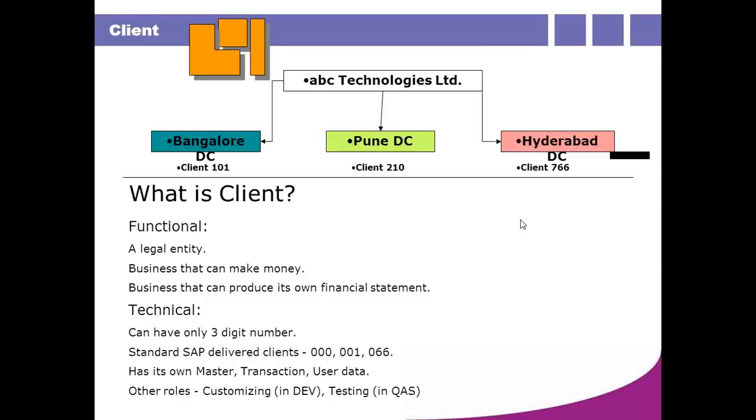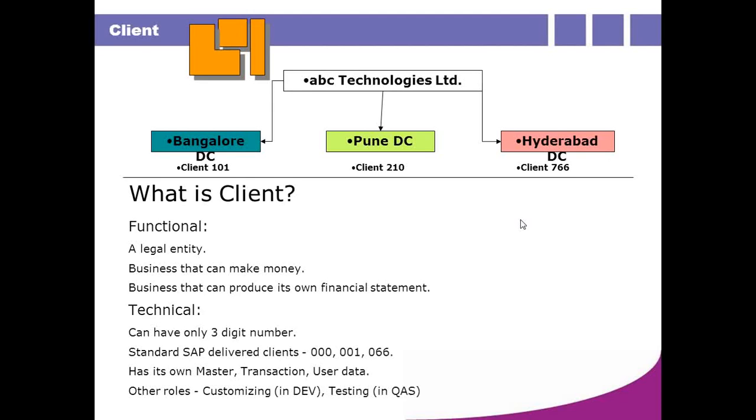But how can I control them from modifying that particular user from Bangalore? If we log into the Bangalore system, he can see the same table, right? He can see the Pune data, Pune user and Hyderabad user.